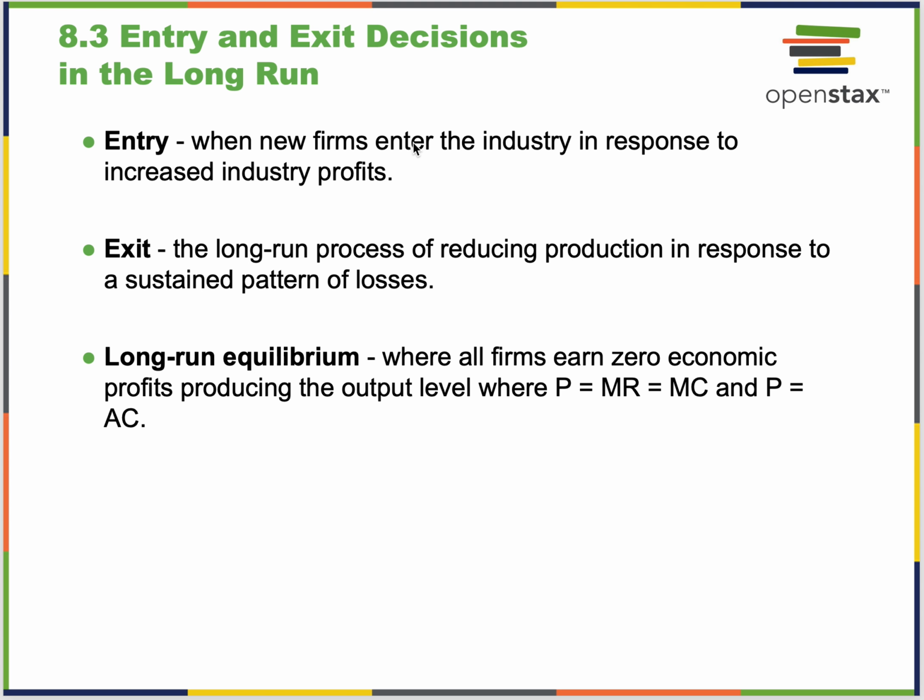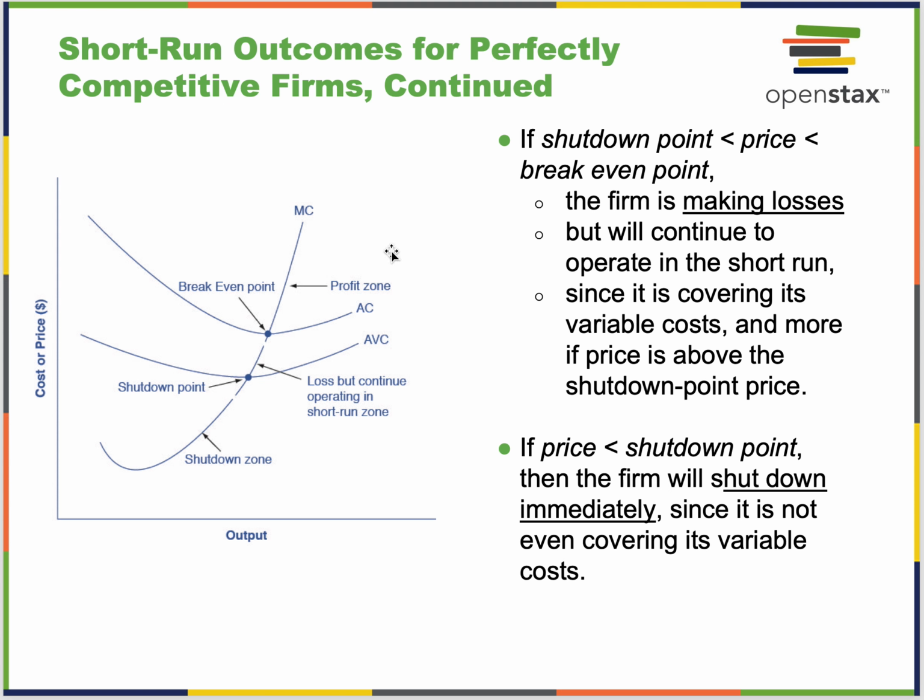So really, they could have said price, which is marginal revenue, equals marginal cost, equals minimum average cost. Remember the magic here. The marginal cost curve intersects the average variable cost curve and the average cost curve at their minimums. That really is kind of magical.